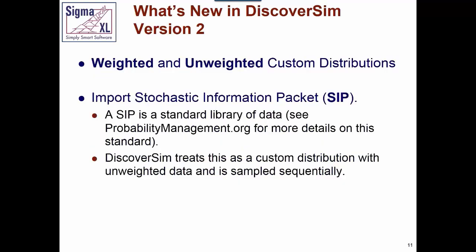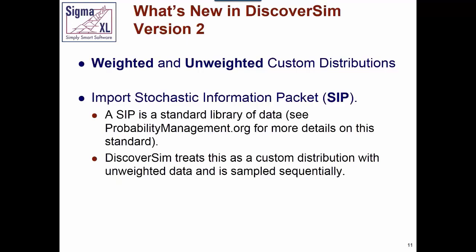Custom distributions: in version 1, we had weighted, and now we've added unweighted. It's just a convenience factor. If everything is equally weighted, you can just use the unweighted custom distribution. Also, the Stochastic Information Packet. If you have a standard library of data, probabilitymanagement.org talks more about the SIP standard, Stochastic Information Packet.